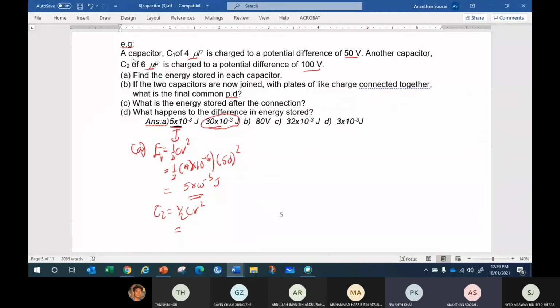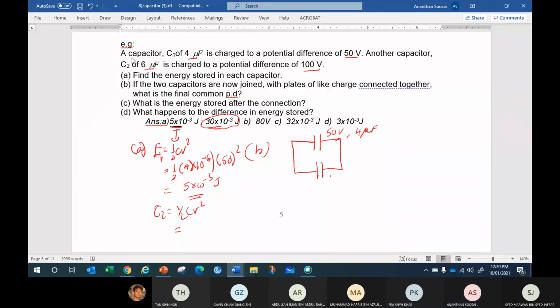Part A is easy. Part B is the problem. Okay, part B. The two capacitors are connected to each other like this. One is 50 volt, 4 microfarad.